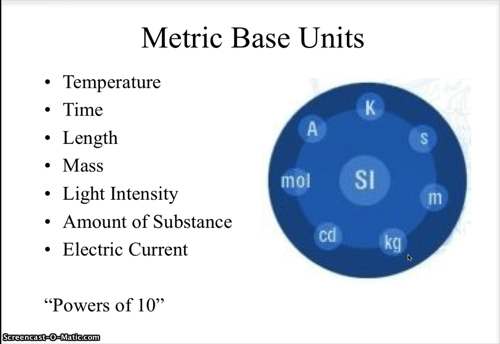A lot of different sources use kilogram as the unit of measure for mass, but I prefer to use gram, since gram is a base unit and the kilo there is really just a prefix for that metric unit. cd is for light intensity, and that goes with the concept of the candela, which we can talk about later if you want to ask a question. And mol stands for mole, for the amount of substance. Now SI is the international system of measurement, and it's actually in French, which I can't pronounce, so let's leave it at that.